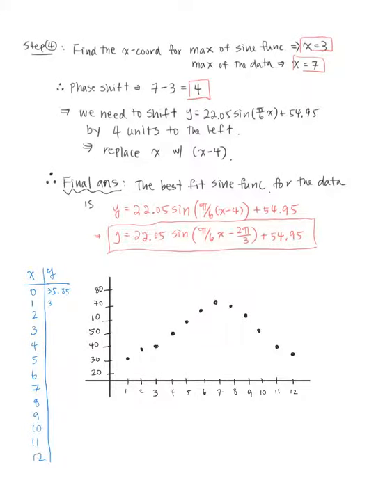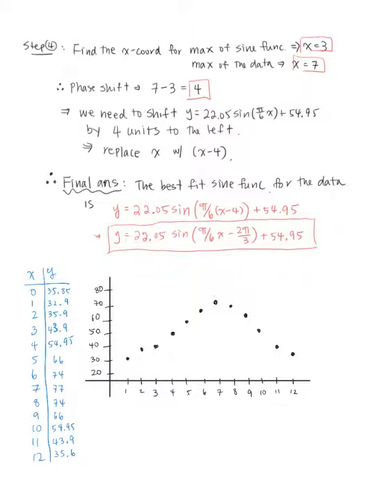When x is 1, about 32.9, then 35.9, then 43.9, April is 54.95, May is 66, June is 74, July is 77, August is 74, September is 66, October is 54.95, then 43.9 and 35.6. Feel free to use your calculator on these types of problems.